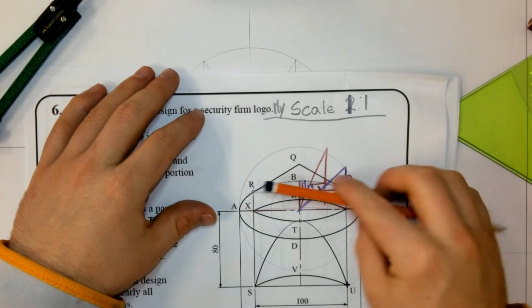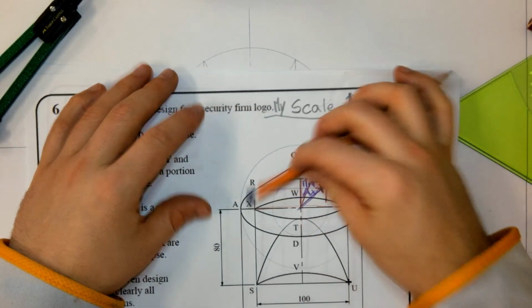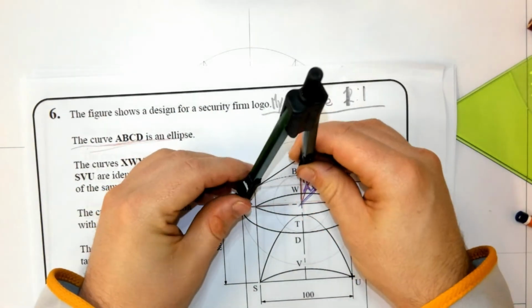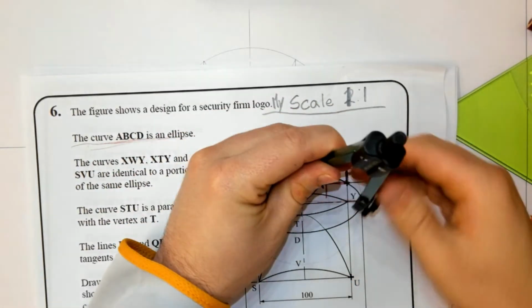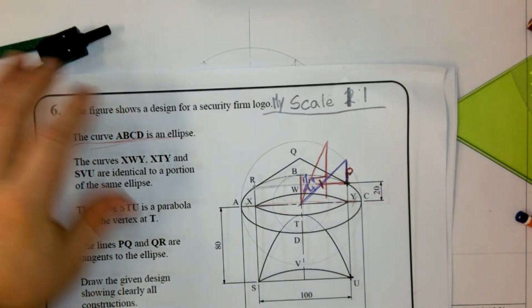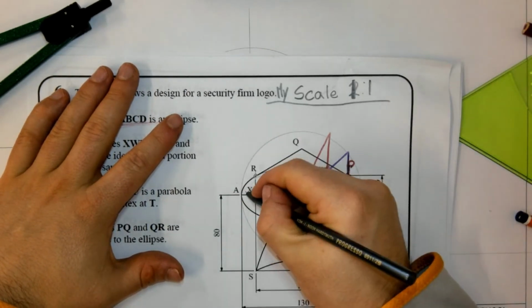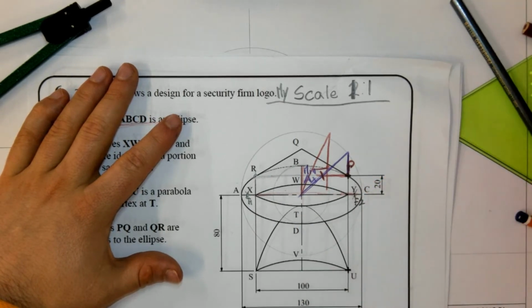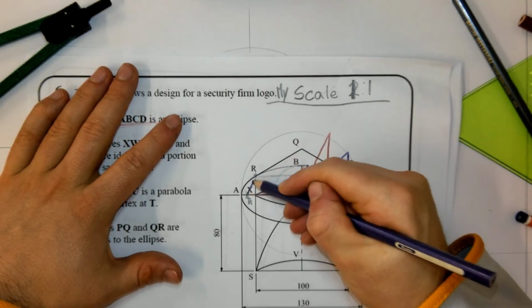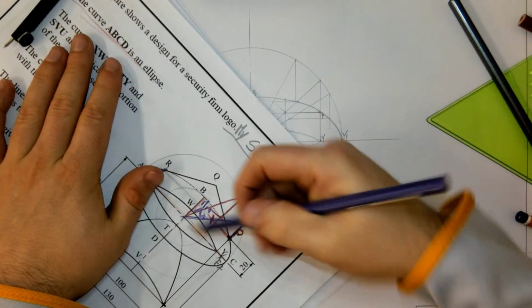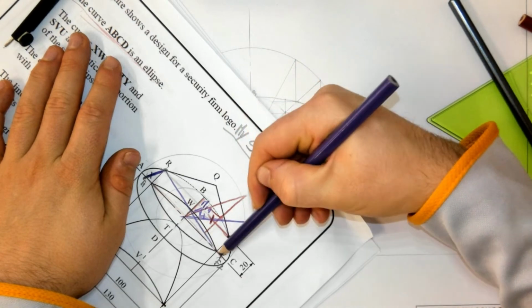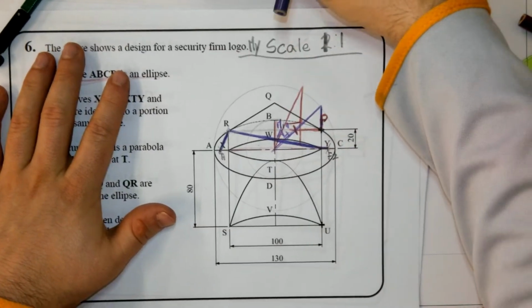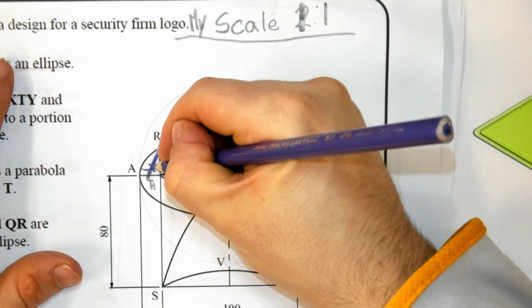Now, so we need the focal points, so we're going to take half the major, swing from the top of the minor. Now F1 to R to F2, set the angle with your compass.